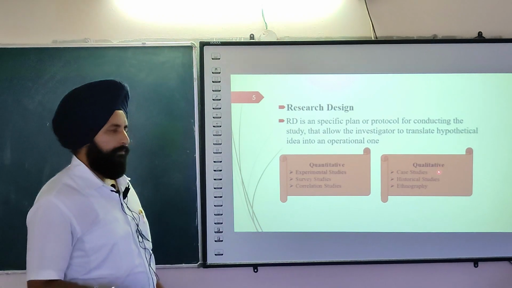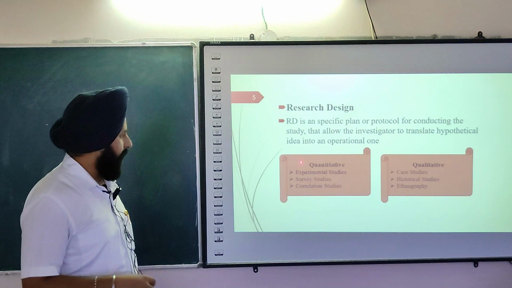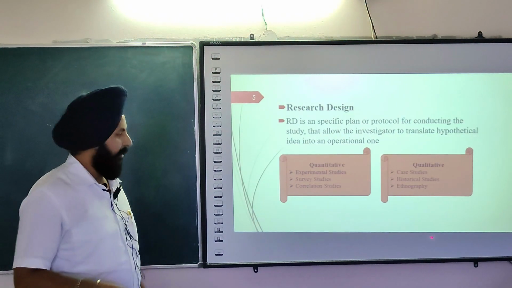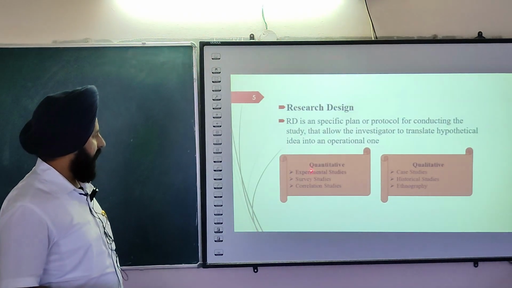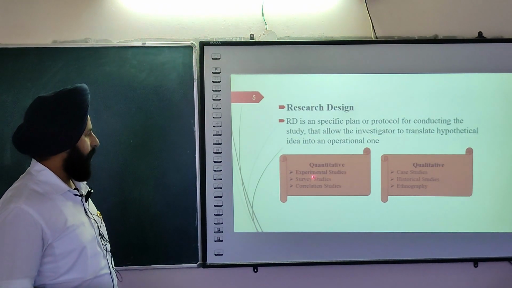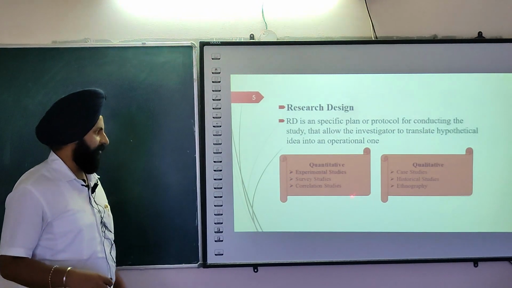Likewise, in pharmaceutical chemistry, people do some quantitative tests and some qualitative tests. Under quantitative tests, three things are important: experimental studies, survey studies, and correlation studies.